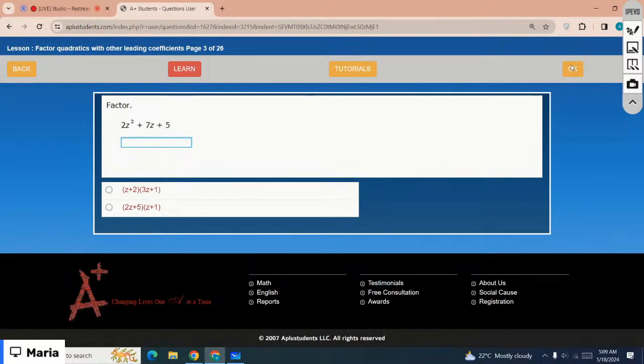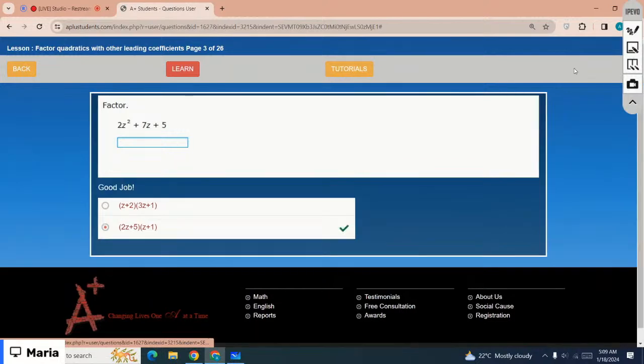Yes, the correct option is option number 2, that is 2z plus 5 and z plus 1. Got it?